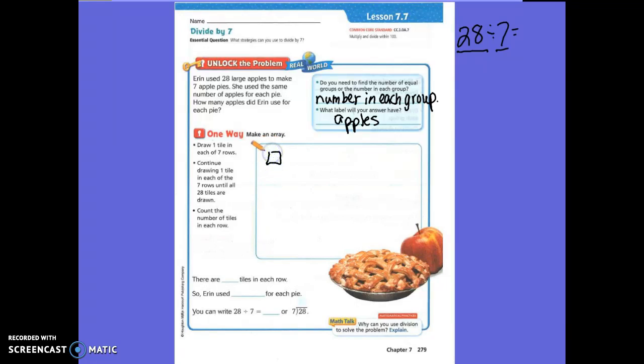So, okay, remember, I draw rows going down first, but they actually go across, okay? So go down 7. But they actually will be going this way. I know we go down 7, but that's just showing you that we have 7 going down, but they're still rows, okay? Now, continue drawing 7 in each row until you get to 28.